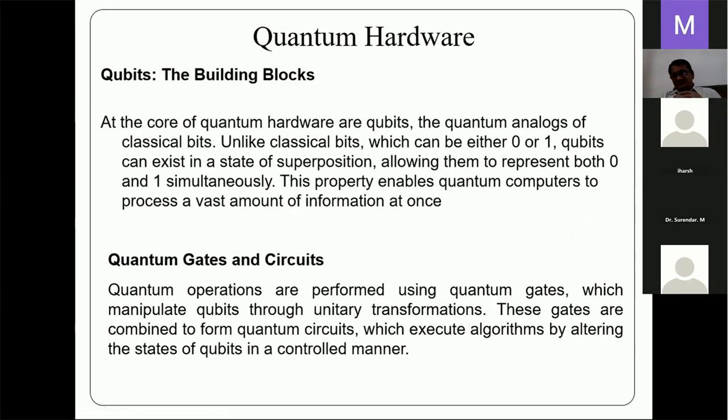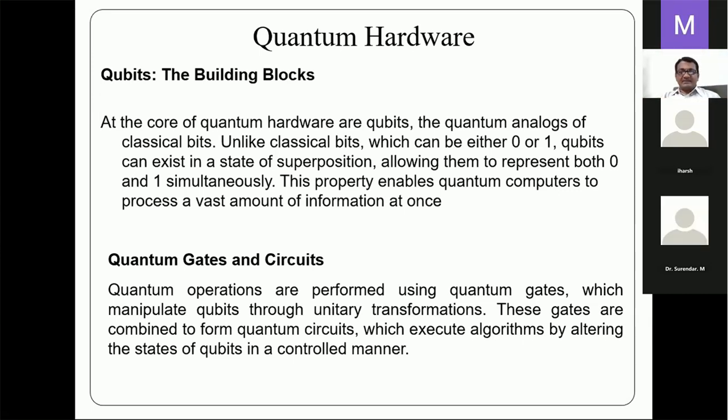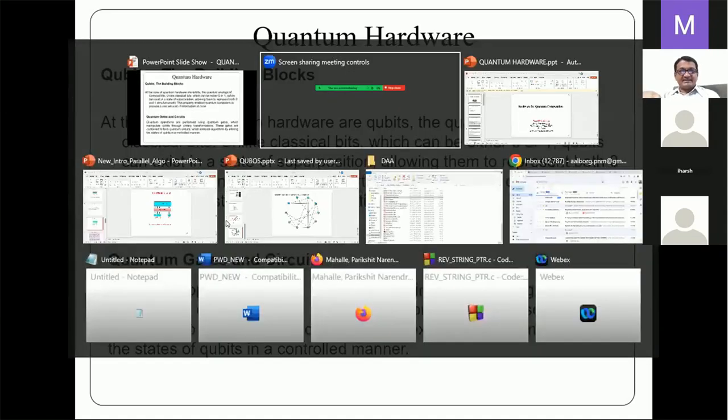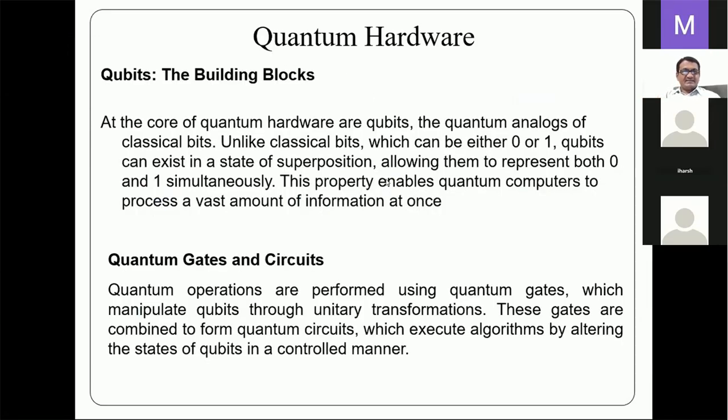When you talk about quantum hardware, qubits are the building blocks. Please understand the building blocks of quantum hardware. Because when you do actual programming using any programming language, do you know today, if you want to simulate quantum programming, which is a good platform so that you get a quantum environment maybe on the cloud?